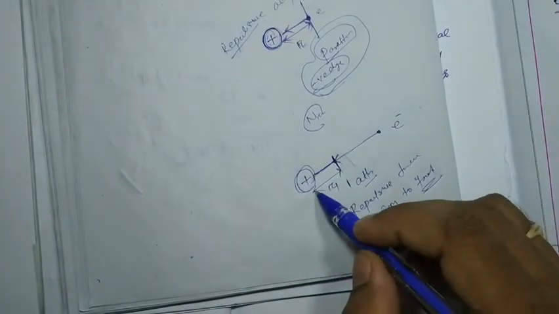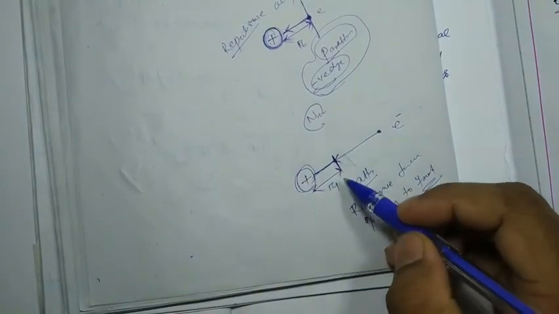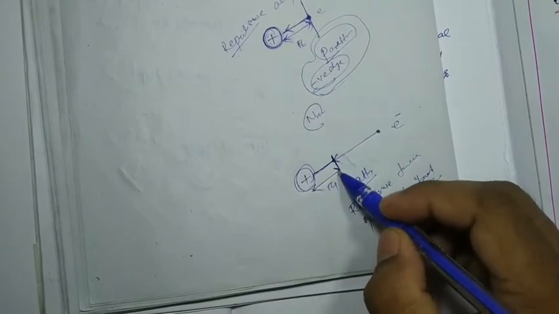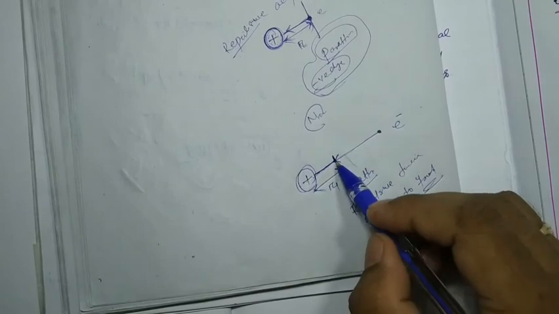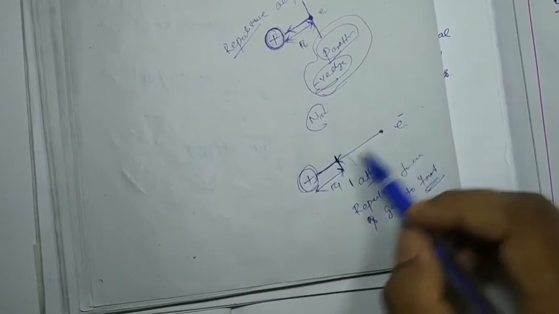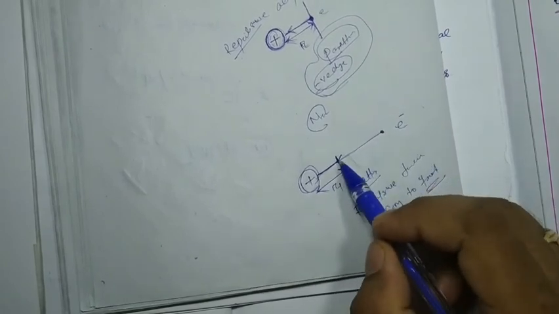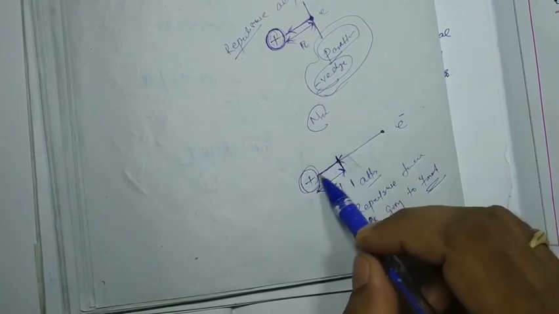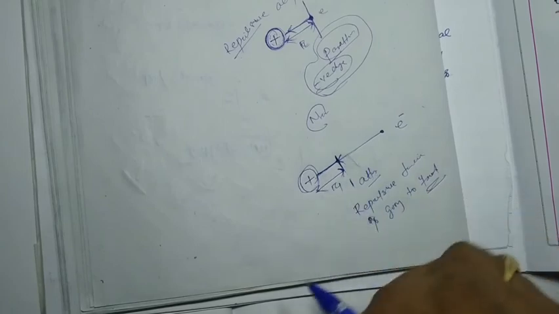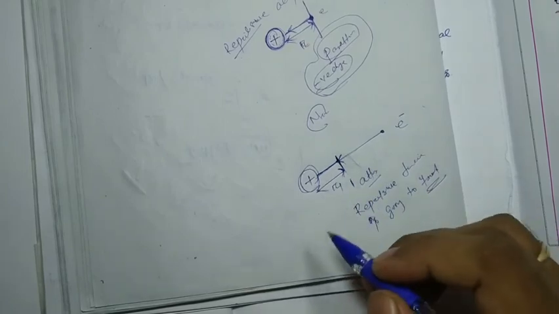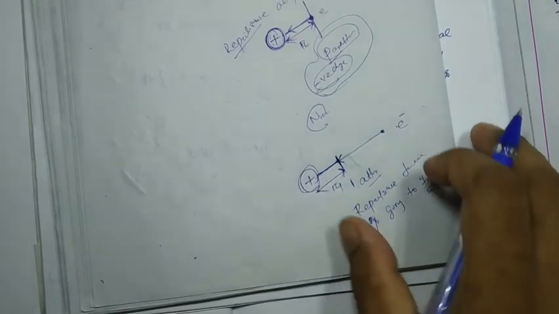So here this is the so-called minimum distance up to which we find the attractive nature. Beyond this distance, or with further closeness to the nucleus, we get a repulsive force.